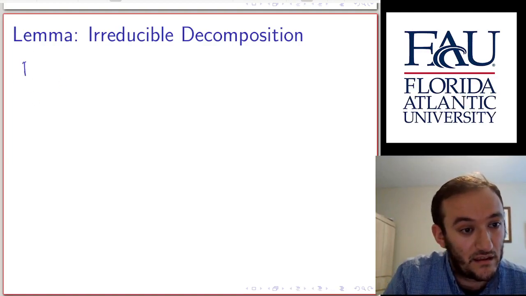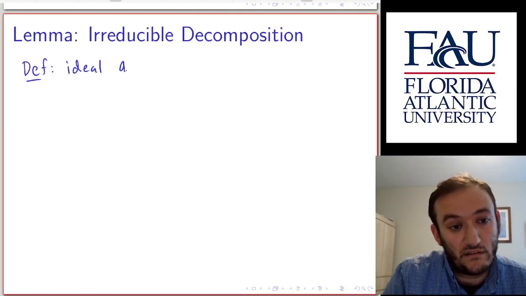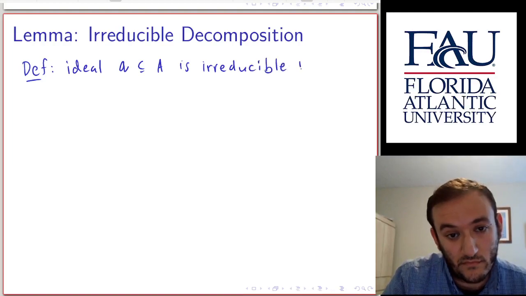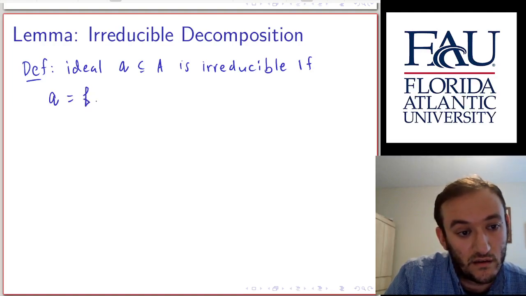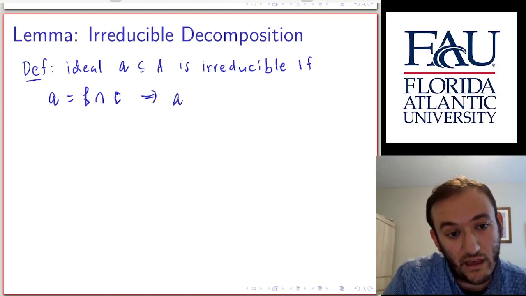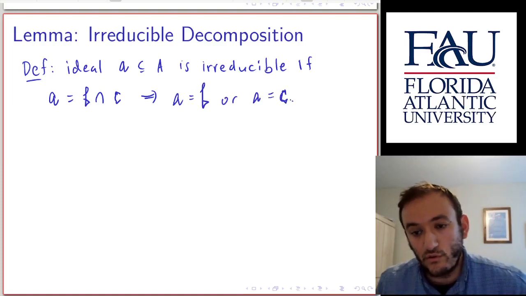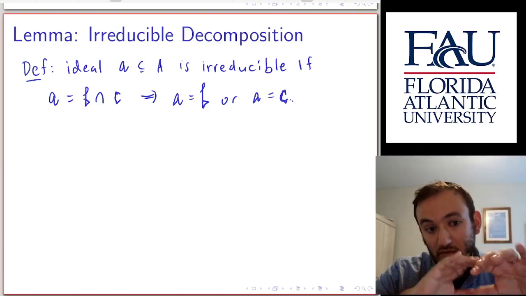We say that an ideal A in the ring is irreducible if, given the equation A equals B intersect C, then either A equals B or A equals C. So you can't pull A apart as the intersection of two strictly bigger things.